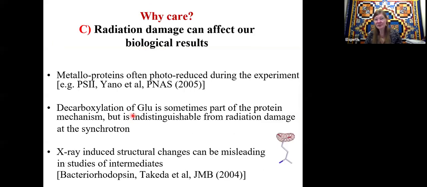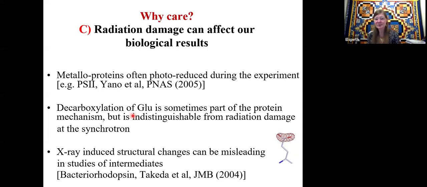So the main reason we care, though, is that these effects can affect what we think about our biological results. So metalloproteins, as I've mentioned, are often photoreduced. We get decarboxylated glutamate, and that is sometimes part of the protein mechanism. So it's indistinguishable from radiation damage.